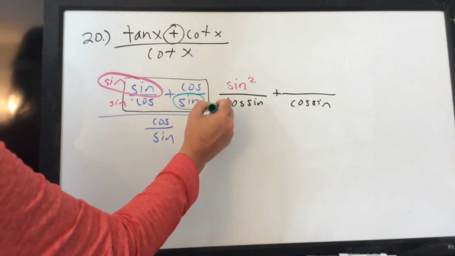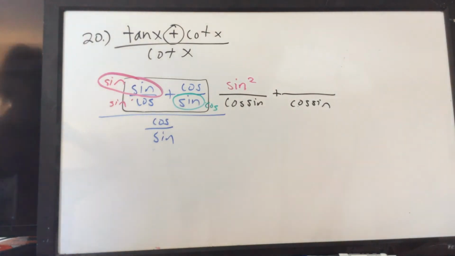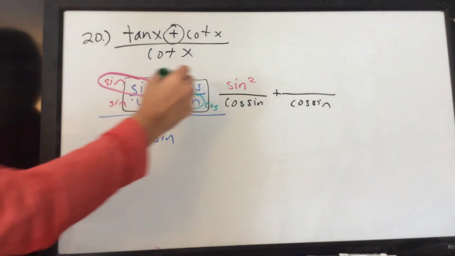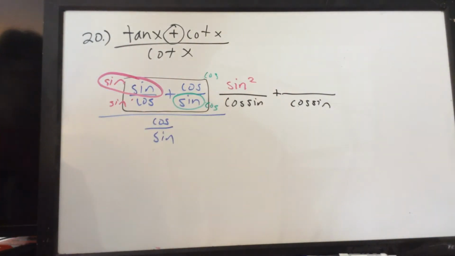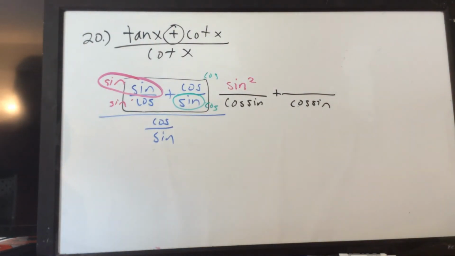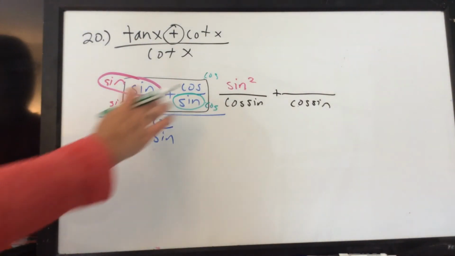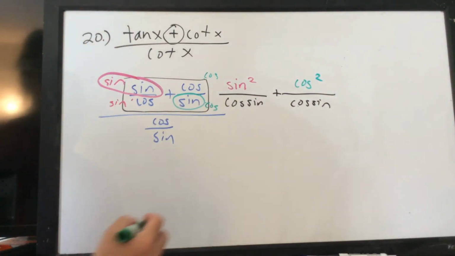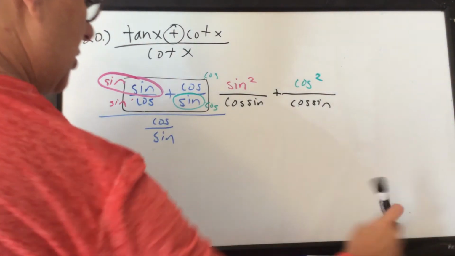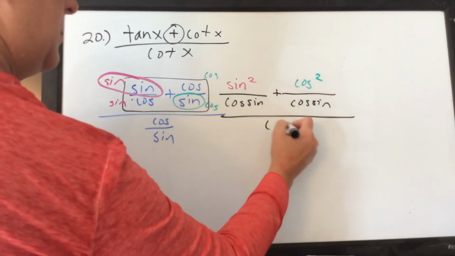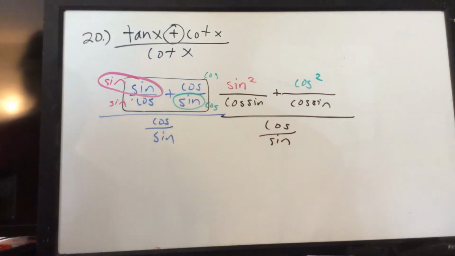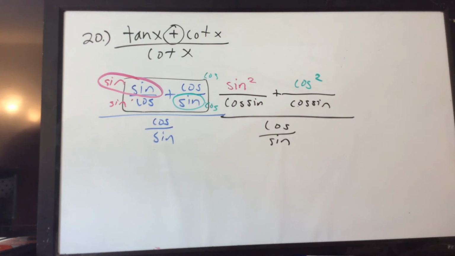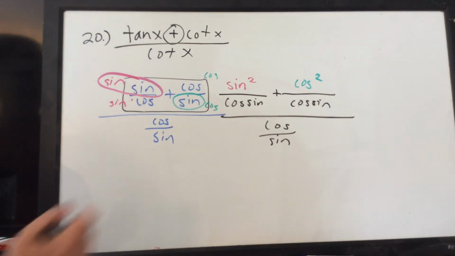So I need to multiply him by a cosine to get to the common denominator. Whatever you do to the bottom, you do to the top. We will be working with fractions quite a bit in these trig identities. So make sure you're understanding this. Cosine times cosine is cosine squared. Okay? And then we still have cosine over sine on the bottom. Okay? Now we can add the top because it is a common denominator.